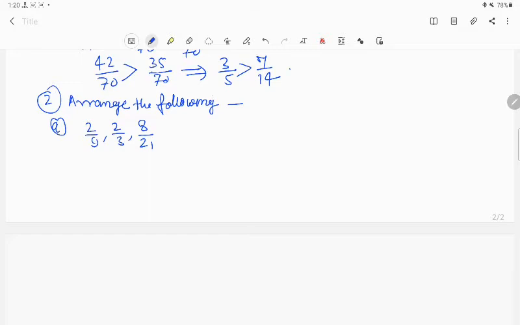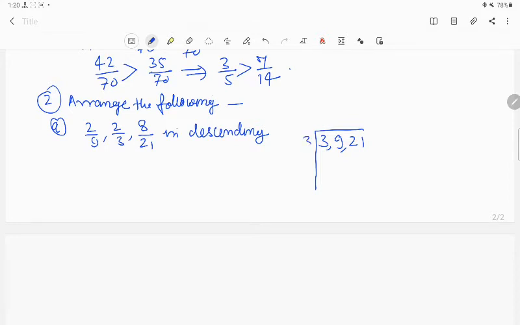Write in descending order. Now watch how to write in descending order. You change all the given fractions into like fractions. So first you find the LCM of 3, 9, 21.